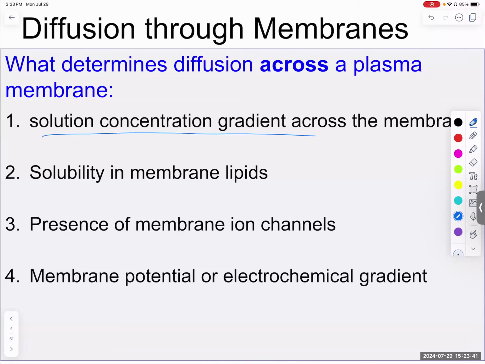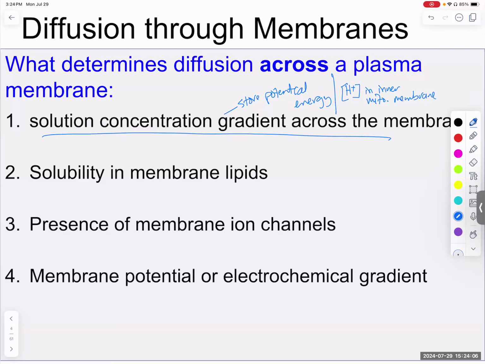And so what determines diffusion across the plasma membrane? Well, the concentration gradient. Now, concentration gradients store potential energy. Again, think about the proton concentration gradient in the inner mitochondrial membrane.